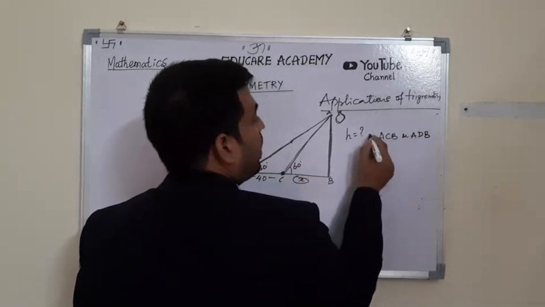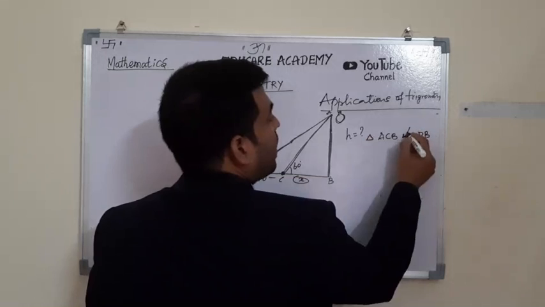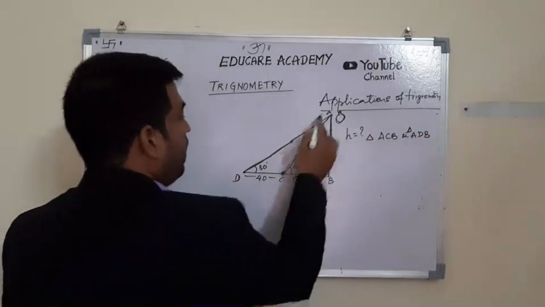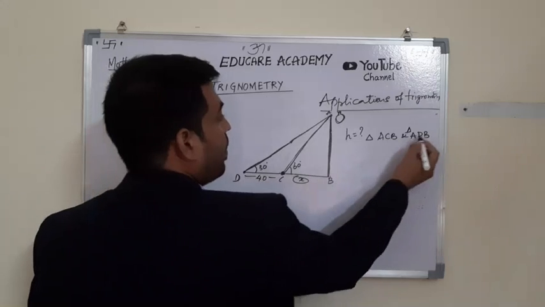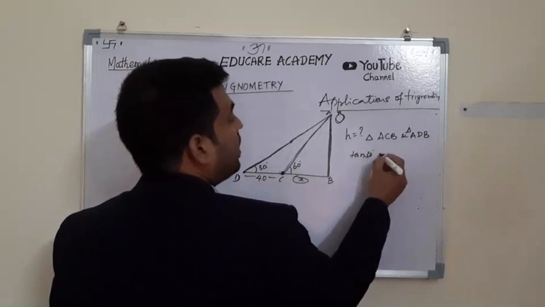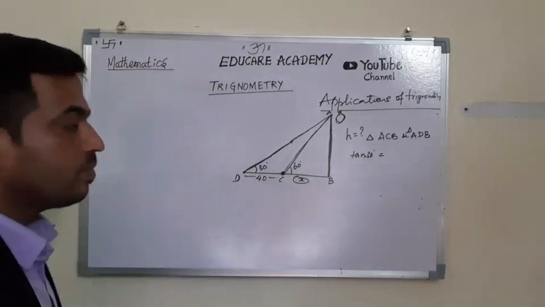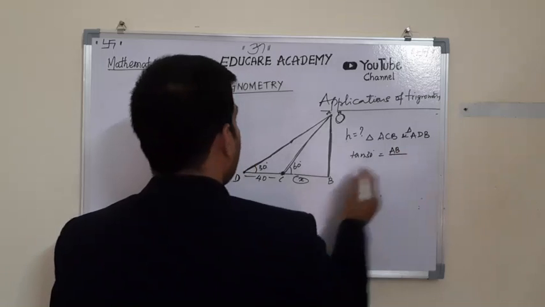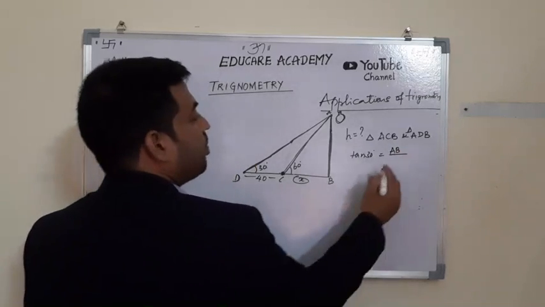So these are the two triangles. So in triangle ADB, tan 30 is equal to AB by DB. DB is 40 plus X.